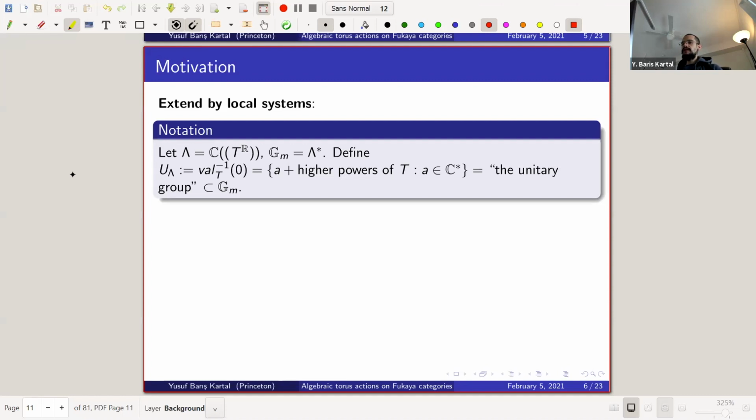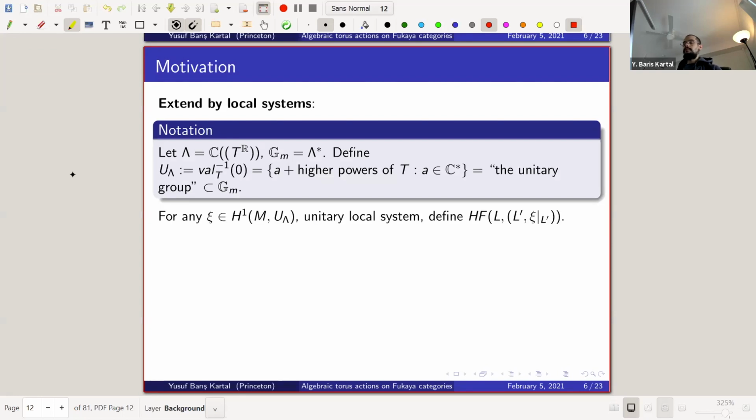And U lambda is the unitary group inside lambda star. In other words, it's the set of elements with t-adic valuation 0. Or more concretely, it is a plus higher powers of t, where a is a non-zero constant in C. It's a subgroup of G_m. This is what I will call the unitary group.